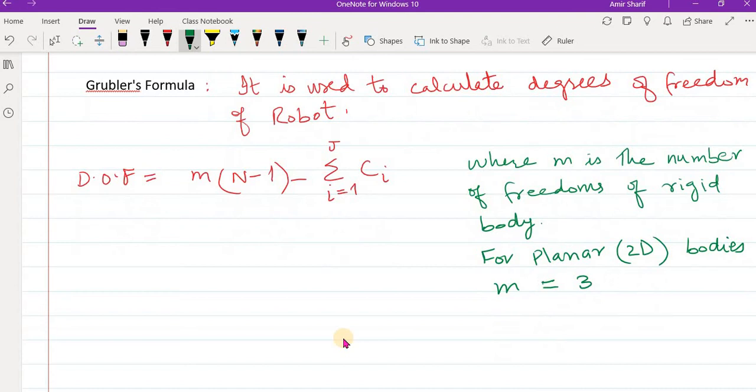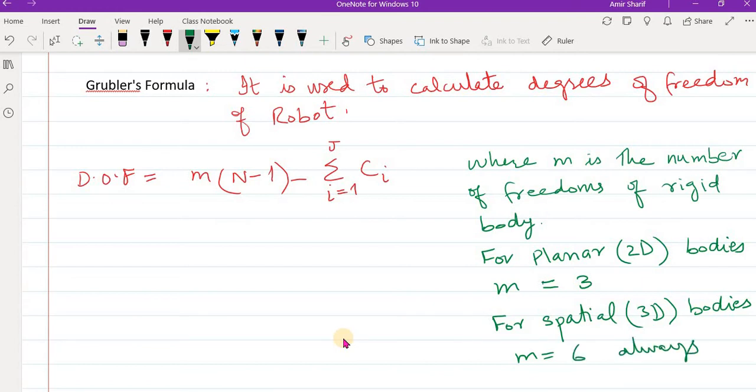But for spatial or 3D bodies, the value of m will always be 6. So this is m, the number of freedoms of the rigid body.